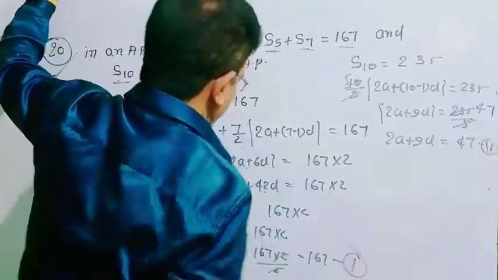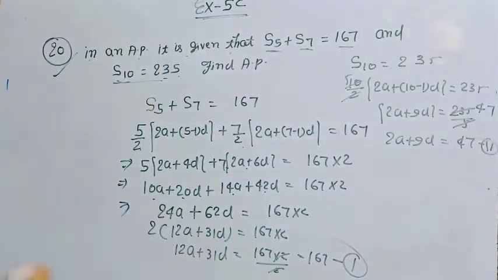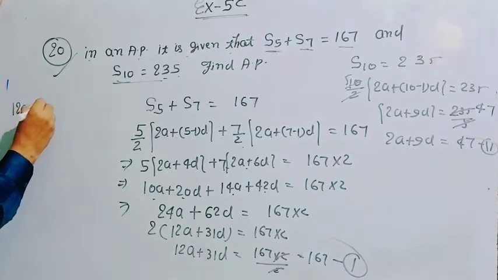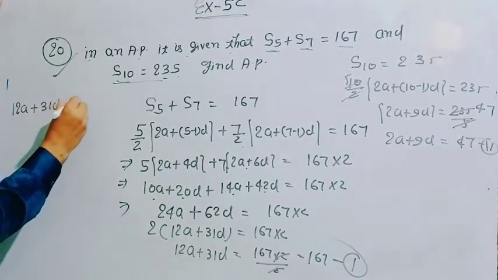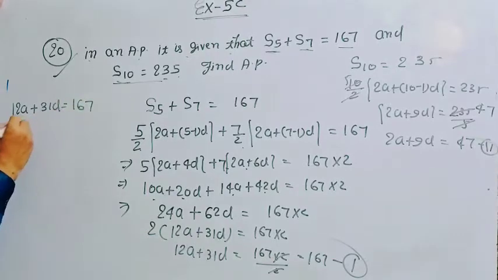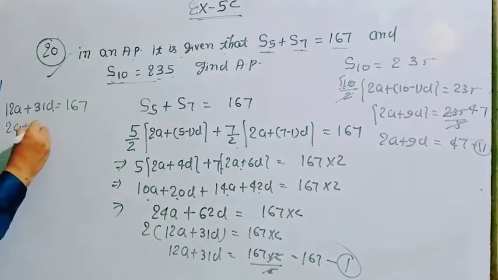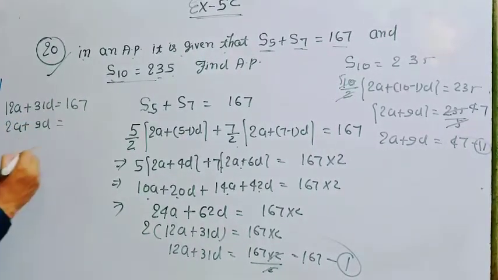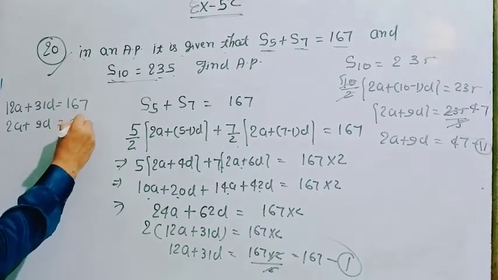This is the second equation. And now by the elimination method, you write 12a plus 31d is equal to 167 and 2a plus 9d is equal to 47.